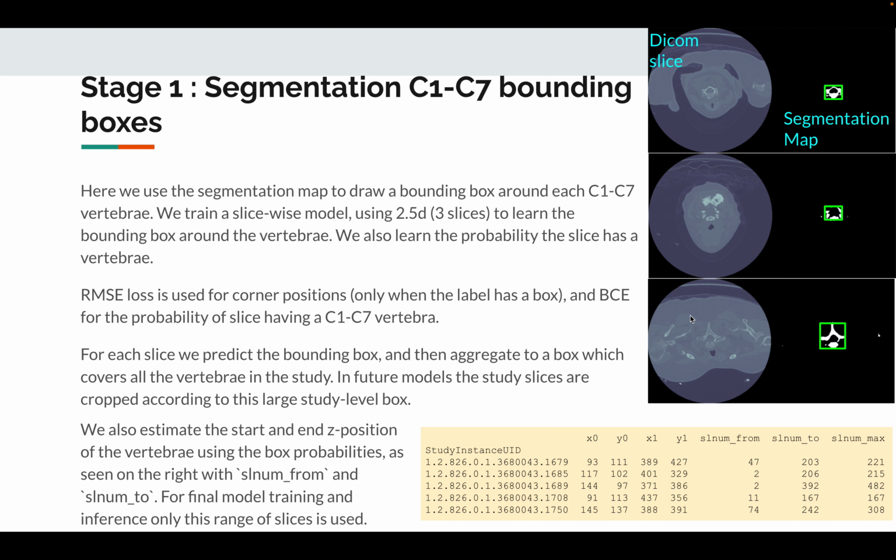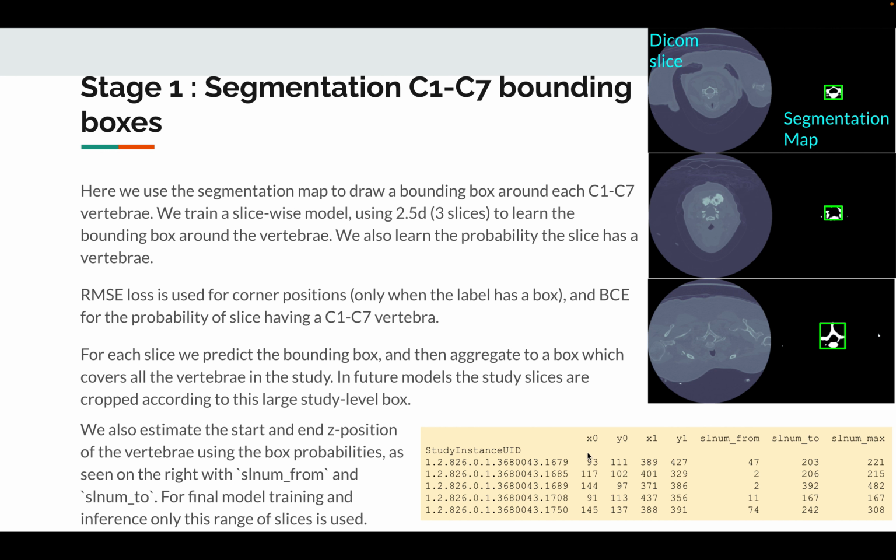So what we want to do is crop out a part of the study where we'll capture all the C1 to 7 vertebrae in one go. When we're doing pre-processing and training later, we don't have a separate box for each slice. We just have one box per study, and that's what you can see here, got by aggregating up these slice level boxes.